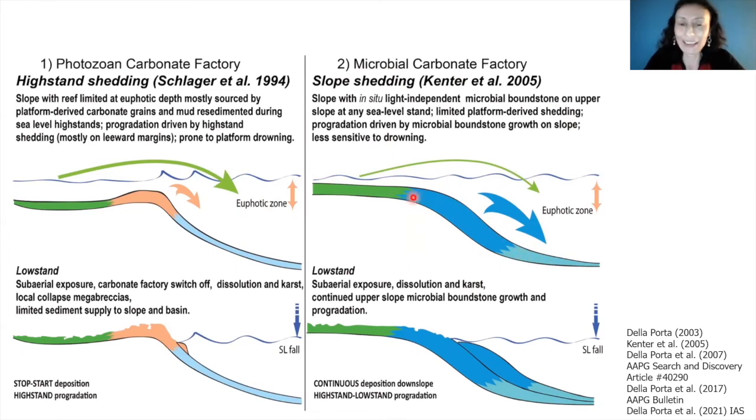But the platform was shedding and producing, but it was in percentage much less because the production rate on the upper slope was higher. I see. Okay, so it's not necessarily that there's less shedding off from the platform top. It's just relative to what's shedding off of the upper slope.